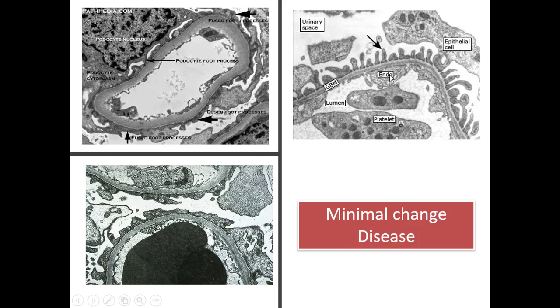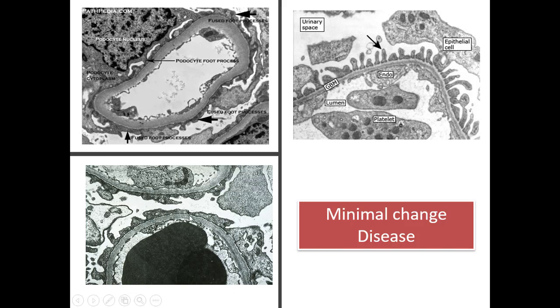This is the normal. You see here in the minimal change, in the normal, those foot processes are quietly arranged and very healthy. Here there is what is called foot process effacement or coalescence of the foot processes.